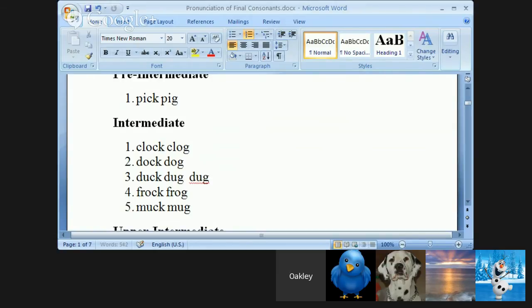There. Okay. Now with no space in between them, as if they were one word. Dog, duck. Ah, okay.